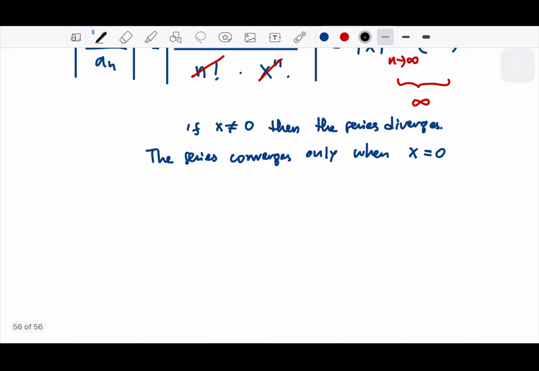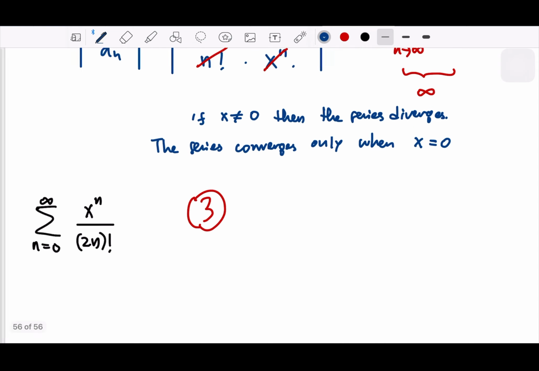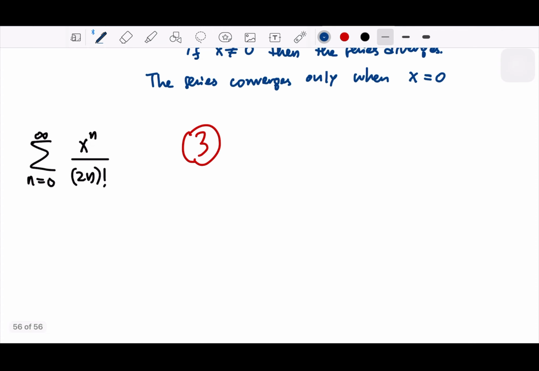Now the third example is this. So again, take the ratio test. We take a(n+1) divided by a(n).